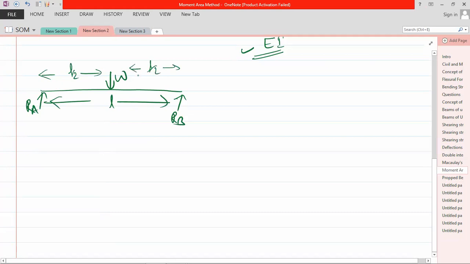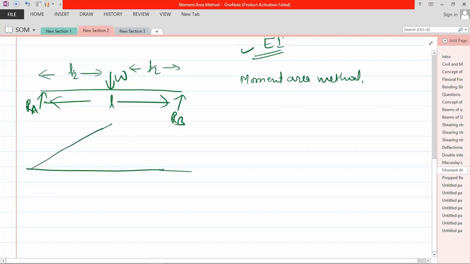Now, how to solve this with the moment area method? First of all, draw the bending moment diagram. This is your bending moment diagram, and its center value is WL by 4. This is x equal to L by 2.